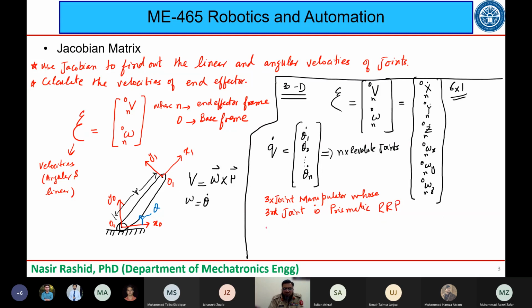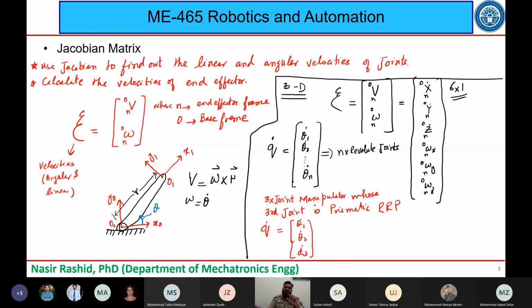How would this Q dot look to us? That will be theta 1 dot, theta 2 dot, and d3 dot. So this is how the Q dot will look. Okay, so now we have introduced two terms.